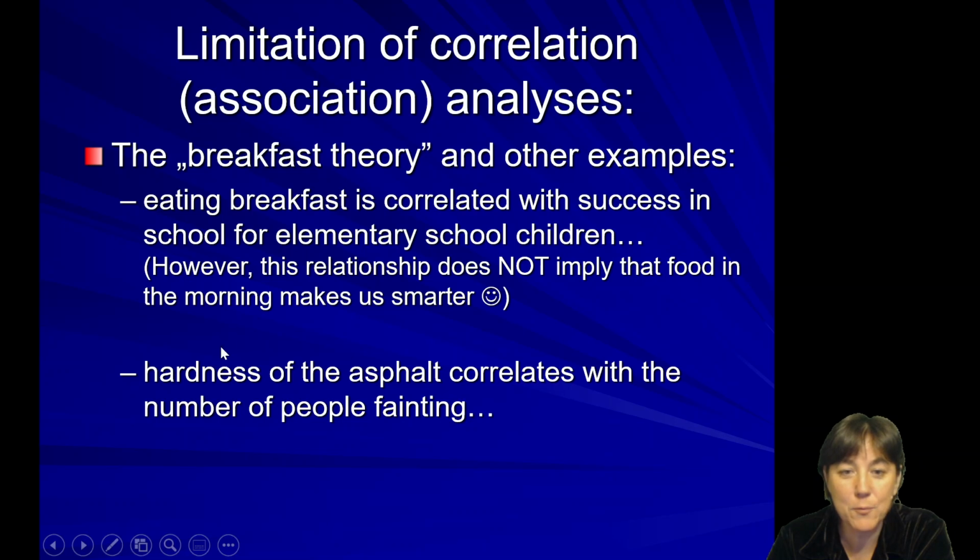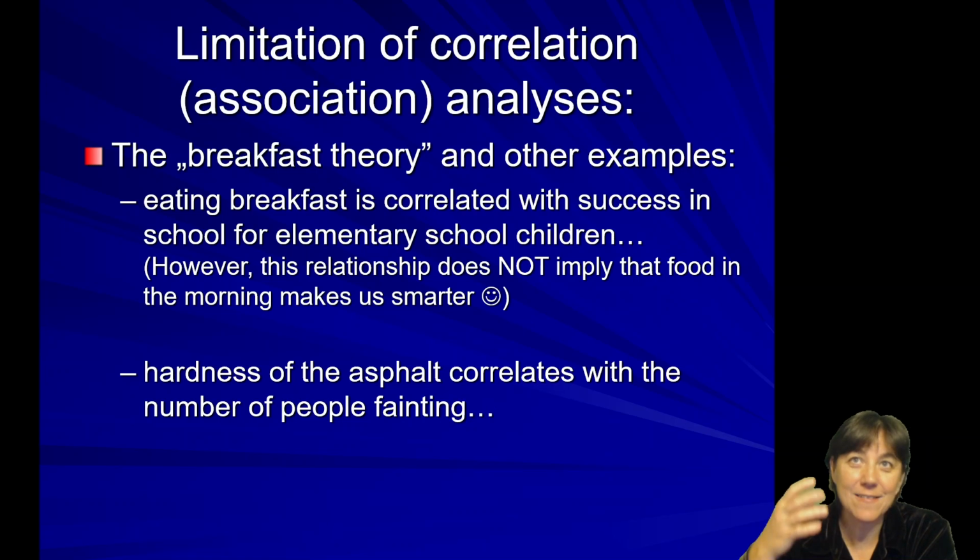Another good example, when it's summer, the hardness of the asphalt correlates with the number of people fainting. Now, of course, it's not the gases from the asphalt that make people faint. There's a third variable. Can anybody guess what it is that makes both effects happen? It's the sun, right?